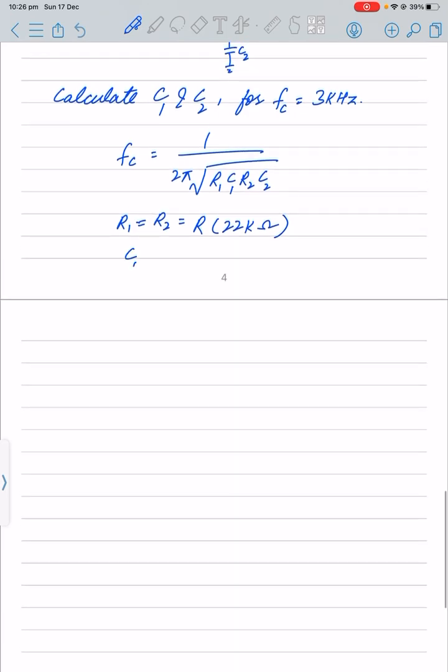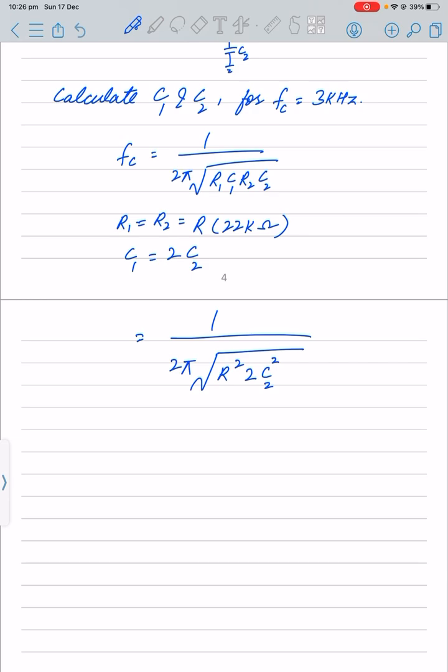And our C1 is equal to 2 times C2, so we can simply put it and solve our equation. We will get R1 equal to R2, R square, and C1 equal to 2 times C2, so we will get 2 times C2 square. That is the value that we will be getting.